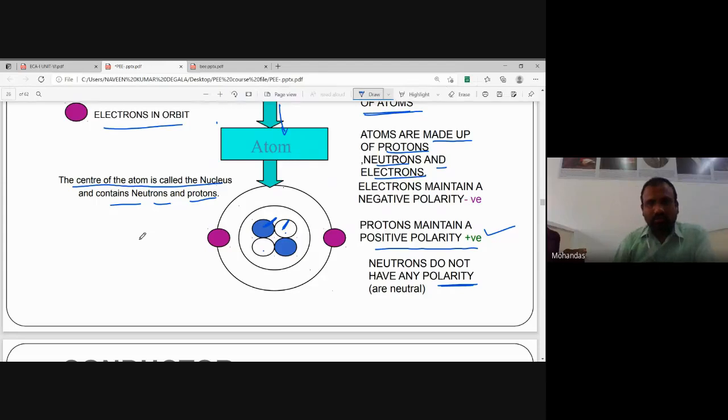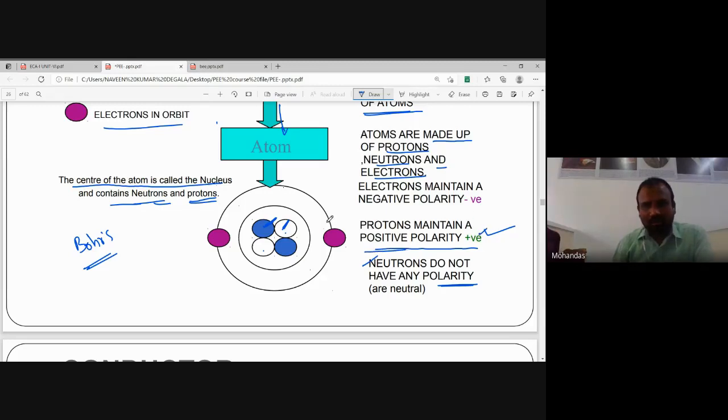You might have studied Bohr's model in 10th class itself. The smallest particle is the atom, and this atom contains the nucleus. That nucleus has neutrons and protons. Neutrons don't have any polarity, and the protons maintain a positive polarity.